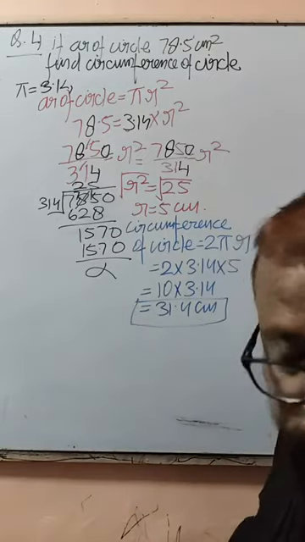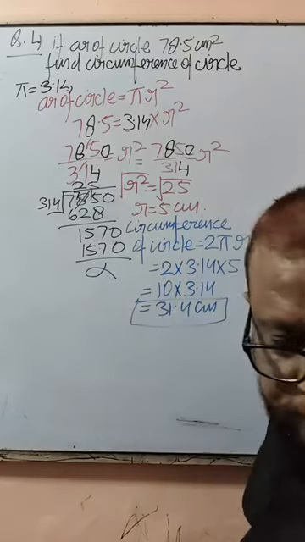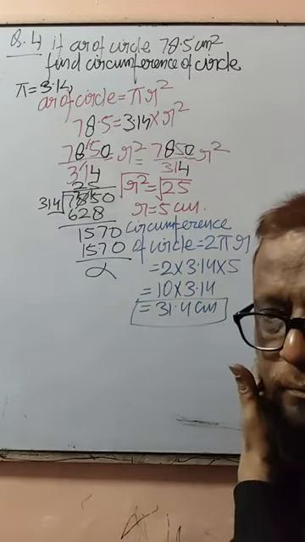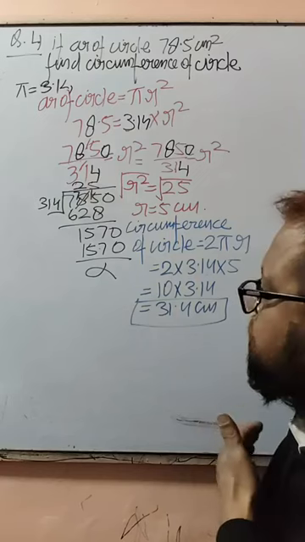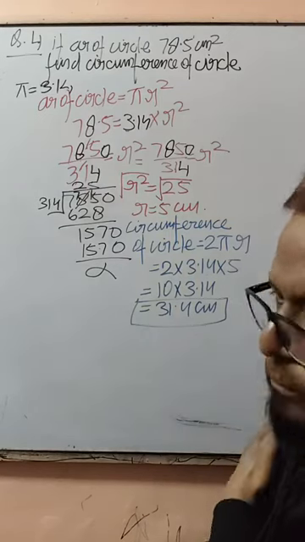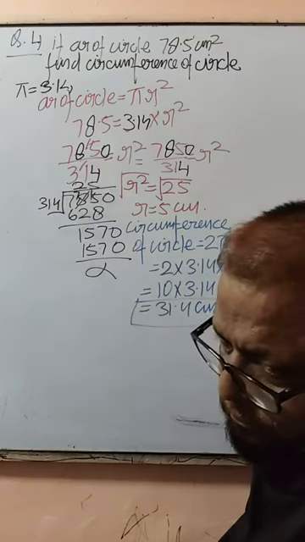Anyway, what is your question? Sir, the cross section of a swimming pool. The cross section ABCD of a swimming pool is a trapezium in which width AB equals 14 meter.